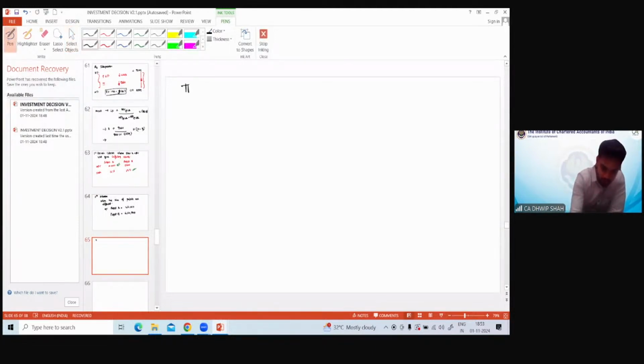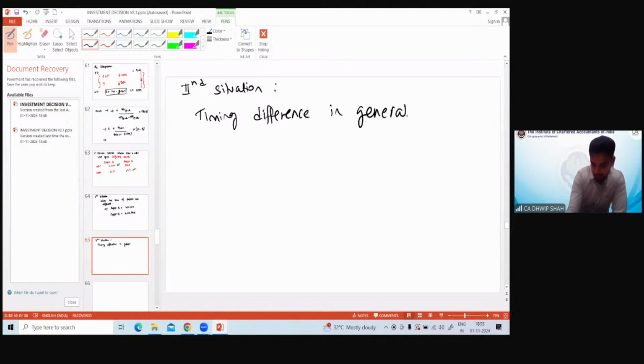Scenario 2, second situation: when there is timing difference in generation of cash inflows.